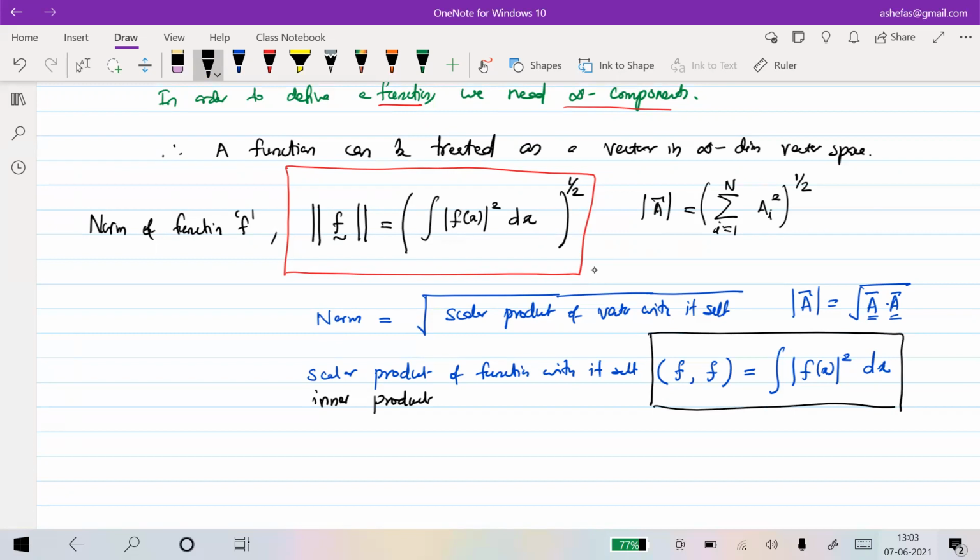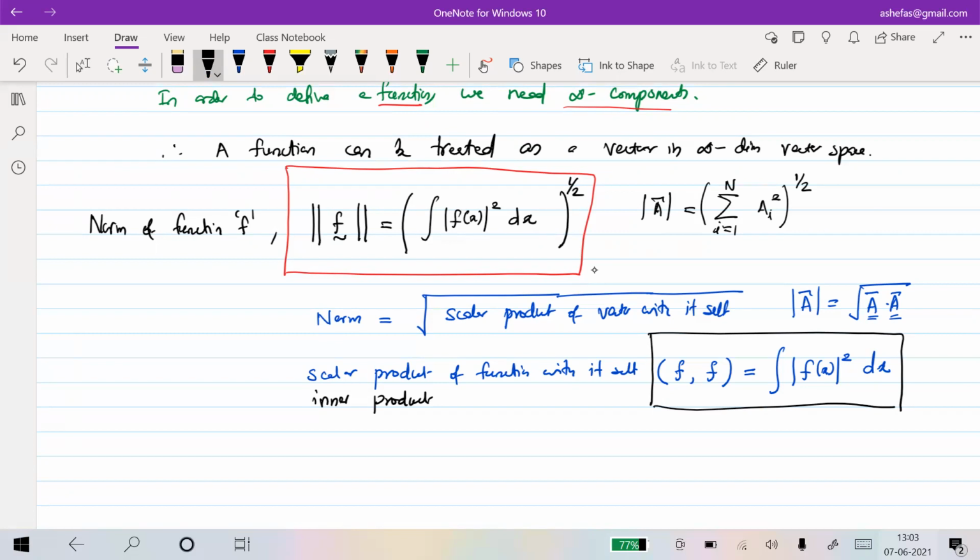So we have defined two quantities now. The norm of a function, which is also a vector in infinite dimensional vector space, is the integral of mod f of x squared dx, all raised to 1 by 2.